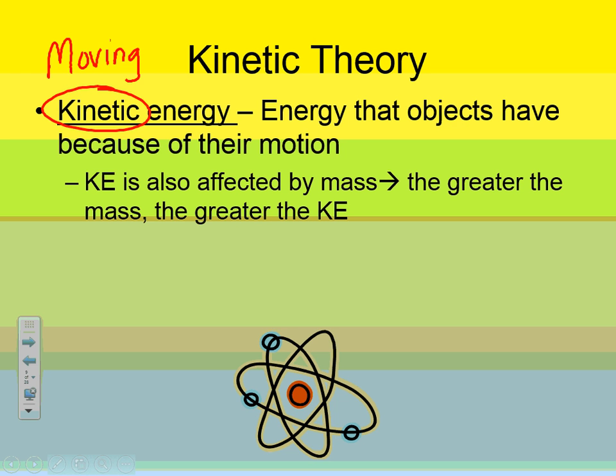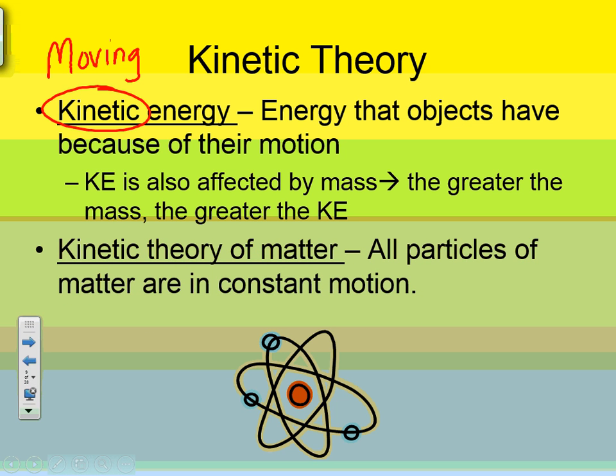They weigh 300 pounds. Say a wide receiver weighs 200 pounds. If they are running the same speed down the field, the lineman's going to have more kinetic energy because he weighs more. And we'll talk about that when we get to the physical science part. But kinetic energy means moving.